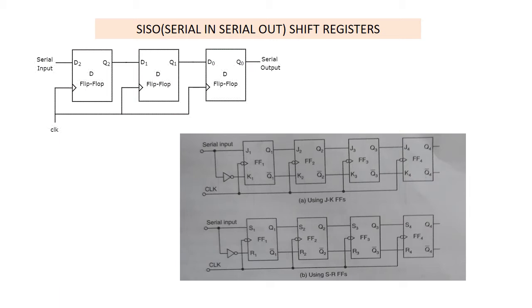The logic diagram of a 4-bit serial in serial out shift register is shown in the figure with 4 stages, that is 4 flip-flops. The register can store up to 4 bits of data.